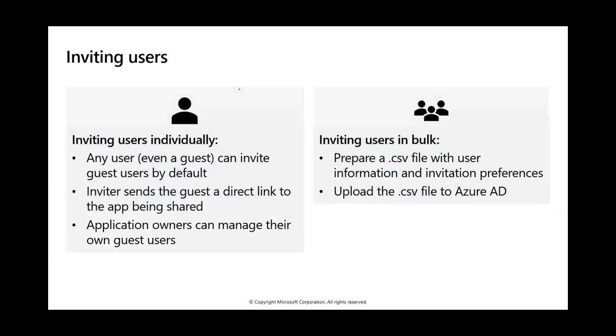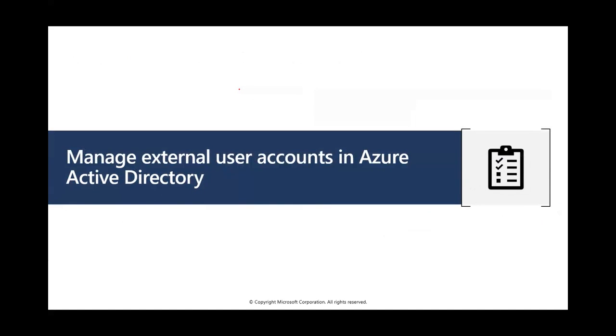It would be pretty much the same with external users. Maybe some information would be changed, but it's pretty much the same information. So when you want to invite hundreds or thousands of guest users at once to your organization, you can use that bulk option, so you won't go through the portal every time.